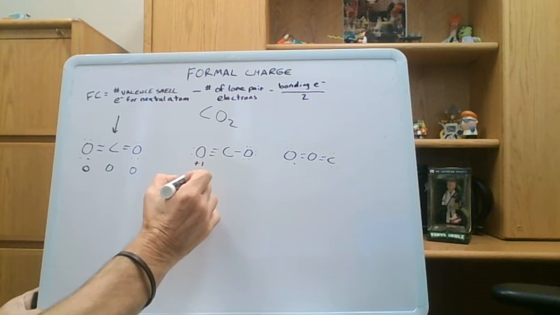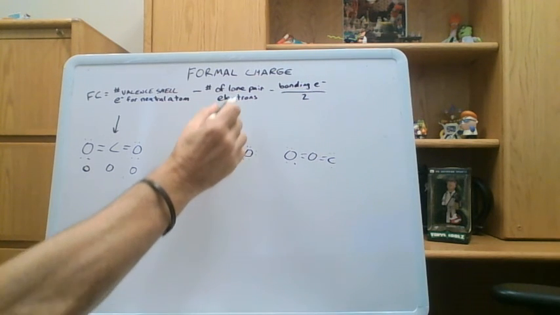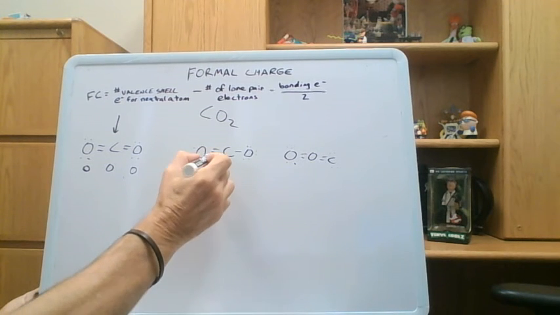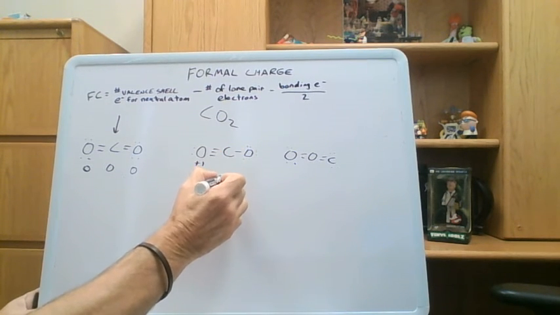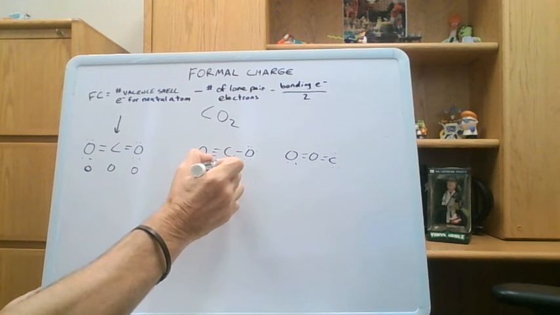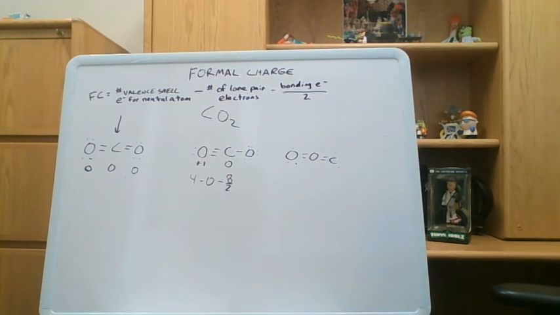Carbon normally has 4 valence electrons. It has 0 lone pairs in this configuration, and then it has 2, 4, 6, 8 bonding electrons. So we have 4 minus 0 minus 4. So that carbon has a formal charge of 0.